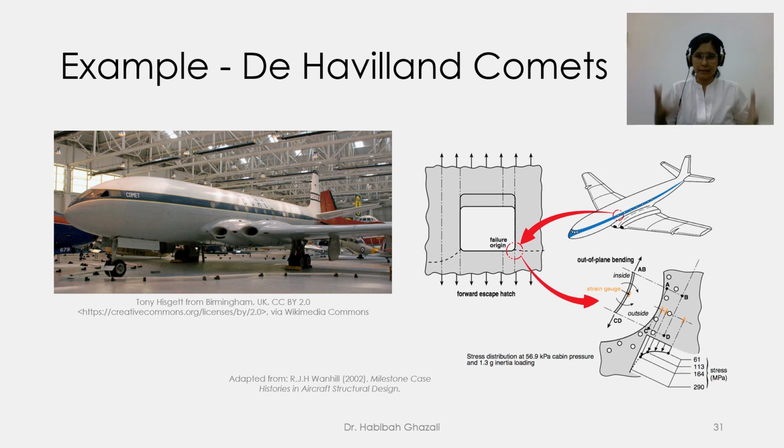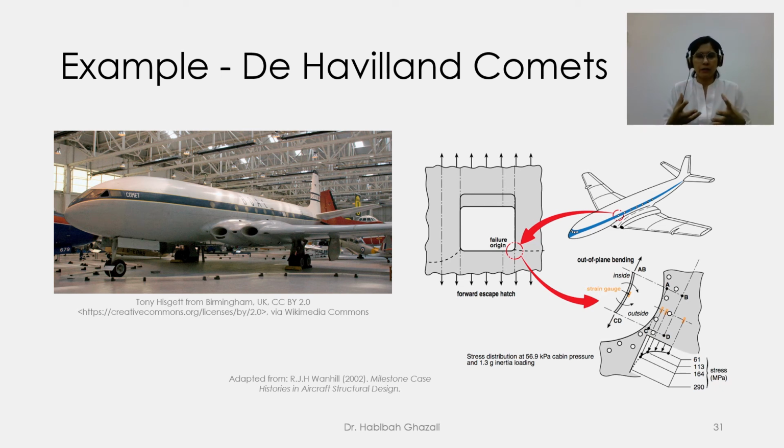One classic example of fatigue failure is the de Havilland Comet, which entered service in 1952 and became the first commercial airliner to be powered by jet engines. Unlike most prior commercial aircraft, the Comet operated at an altitude where the aircraft cabin needed to be pressurized.